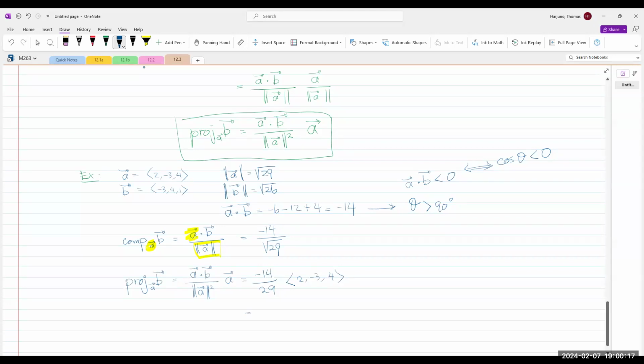Okay, which is -28 over 29, 42 over 29, and -56 over 29.